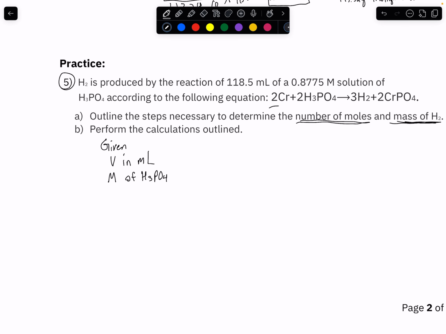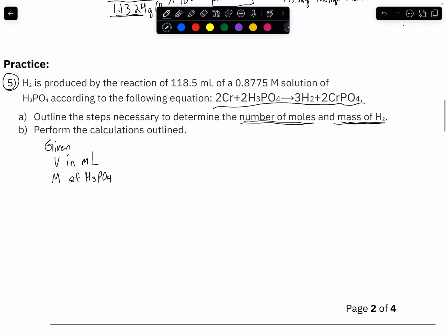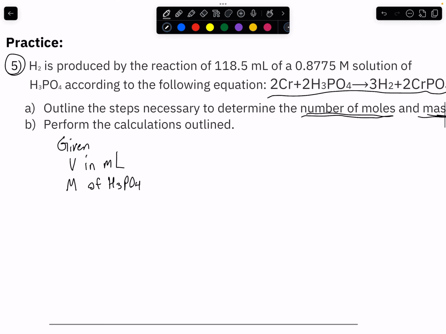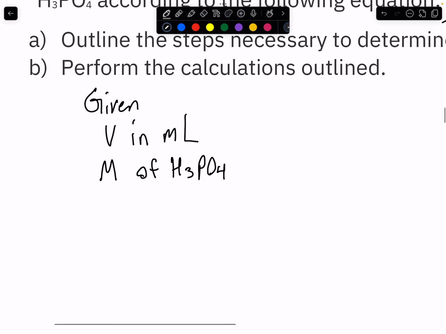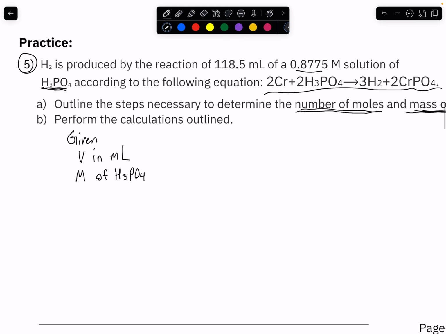According to this equation, we're trying to find the number of moles and the mass of H2. So we know that the volume, the milliliters, are actually of this substance that has a molarity of this. And so what I would initially start with is our volume.